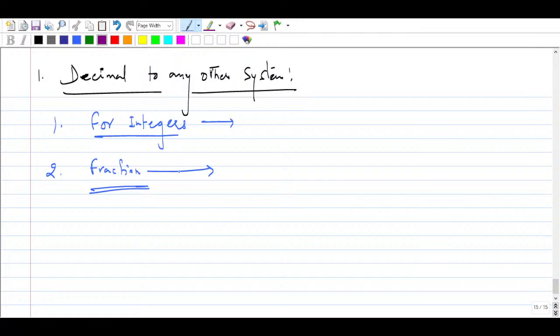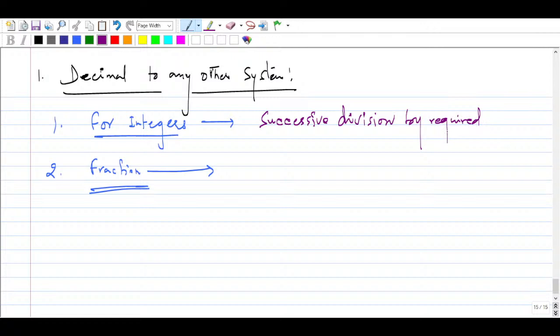So for integers, you have to perform successive division by the required base. Required base means the number system in which you want to convert, decimal to any base.